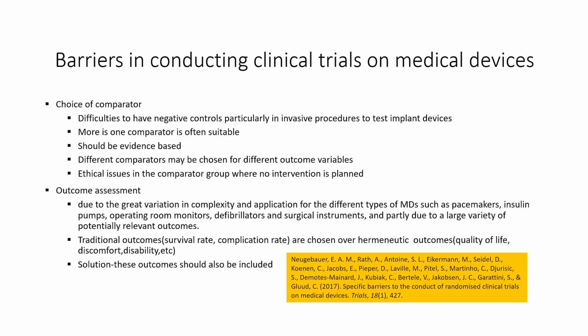You could run a study on overall performance of the skin graft versus area-specific differences in how the skin graft has performed over time, right? So these kinds of things can be looked at. Choice of comparator, outcome assessments, these are several other norms and terminologies which can be looked at, right?